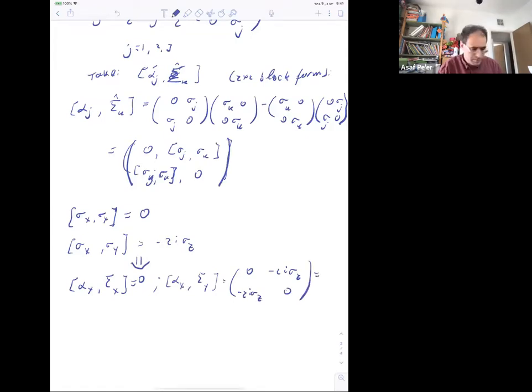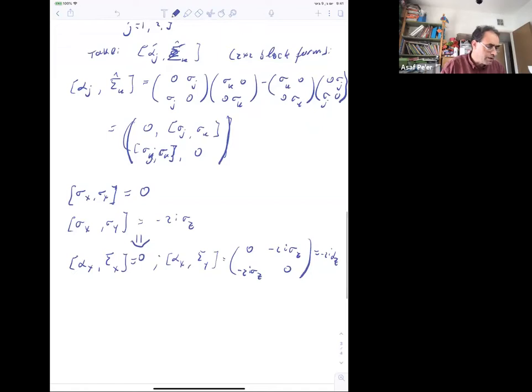This is just 2i alpha z, by the definition. And the same for, sorry, I'm confused. That's for alpha y and sigma x. Well, it's pretty much the same for alpha x and sigma y.